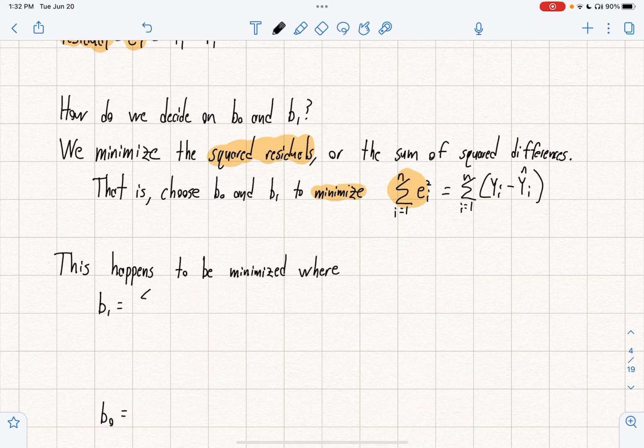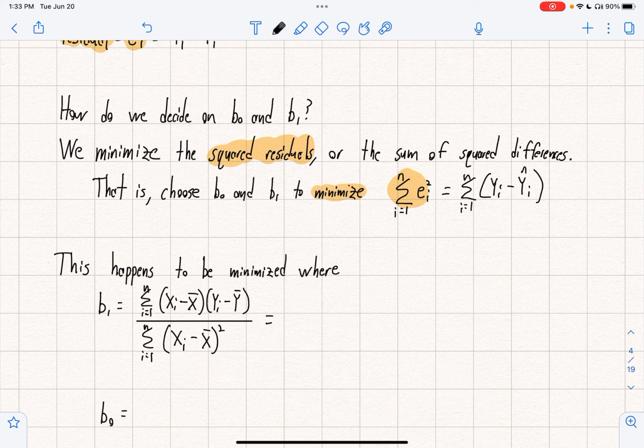So let me write this out. This is going to be the sum, i equals 1 to n, of xi minus x bar times yi minus y bar, divided by the sum, i equals 1 to n, of xi minus x bar squared.